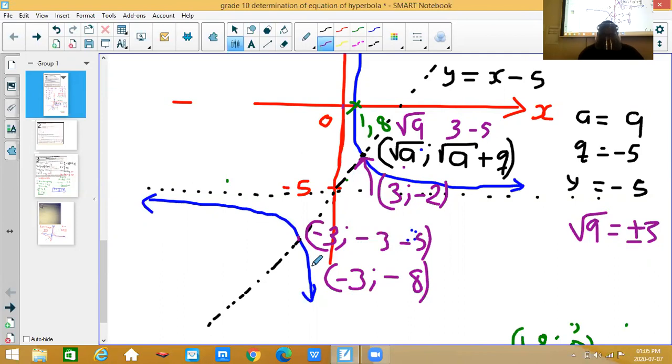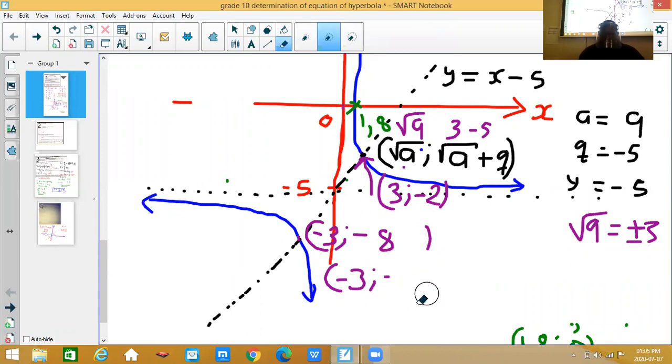This is the coordinate that we have here. So negative 3, negative 5 gives us negative 8. This is the coordinate that we are dealing with.